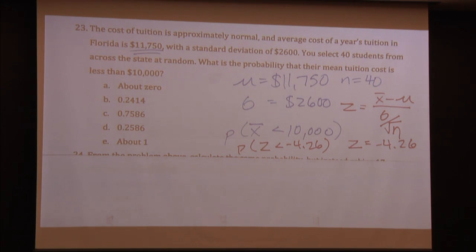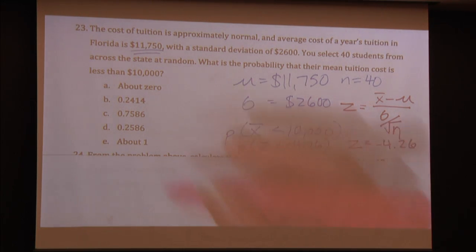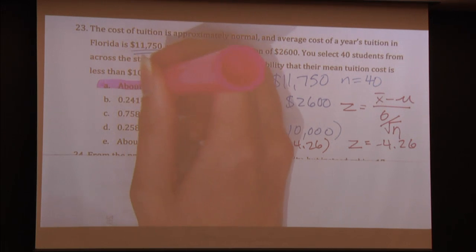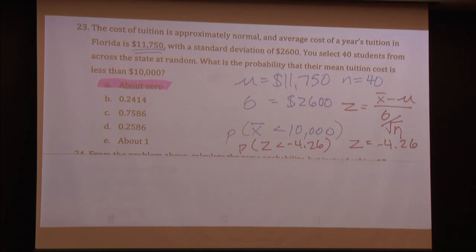So 0. When we look at our table, it doesn't even come close to 4. It has just gotten so small. But it's about 0. So if that is the true mean, you'd be hard-pressed to find 40 students that pay less than that a year.